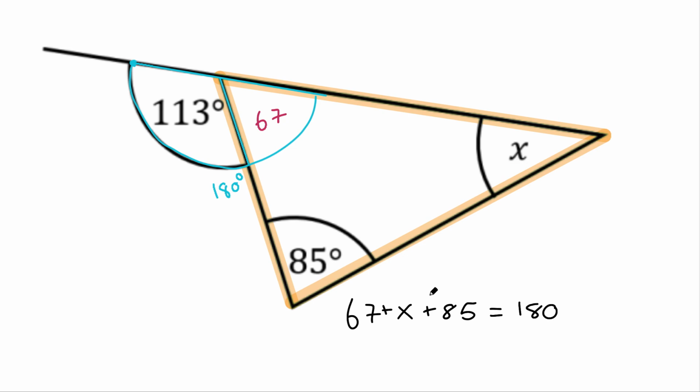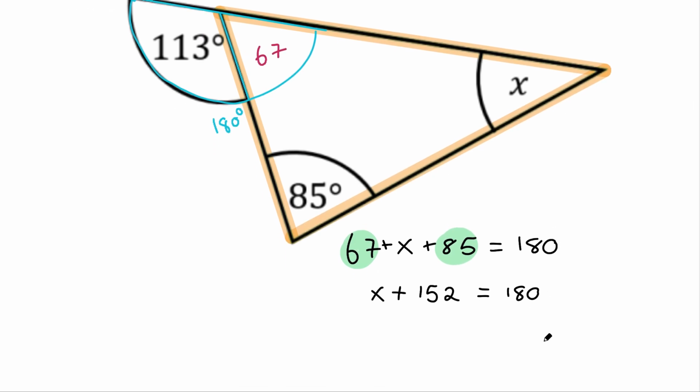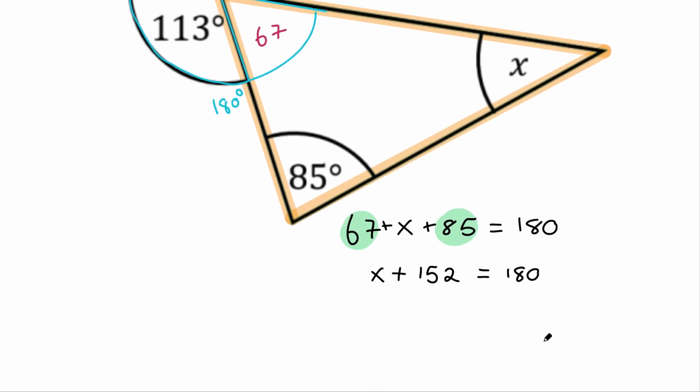So if I add these up, 67 and 85, I'm going to have x plus 152, and that 152 is just coming from 67 plus 85. And when I do that, then it's equal to 180. And I'm going to take away 152 from 180, and I'm going to get x is equal to 28.